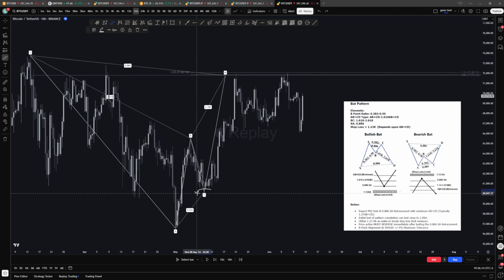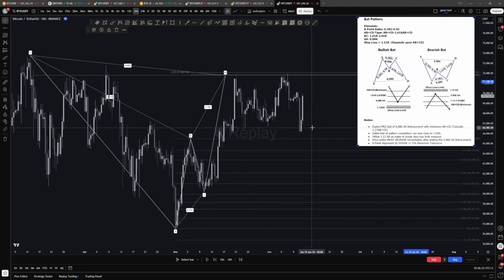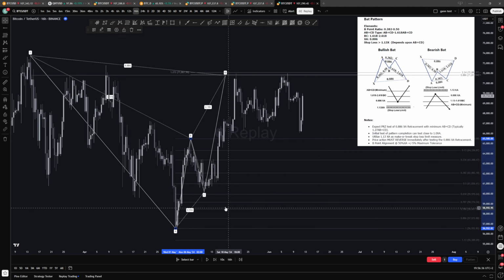Now, when we look at A to C, what is our A to C actually? It is a fib from A to B. So it is not necessarily bad to long or short a C point. However, you're only longing or shorting one fib. You're only longing or shorting, in this case, 0.618. It even got front ran slightly, right? That's why the ratio is like this.